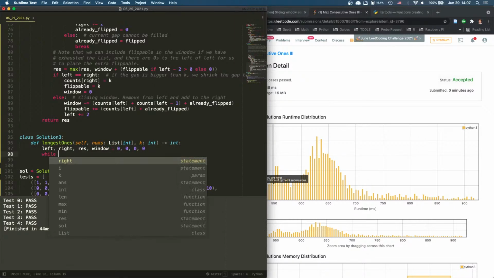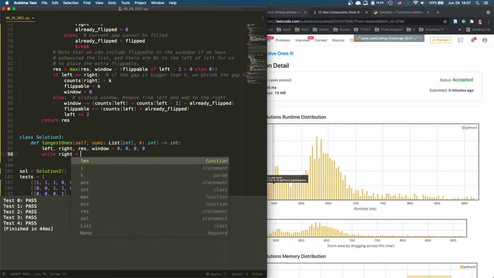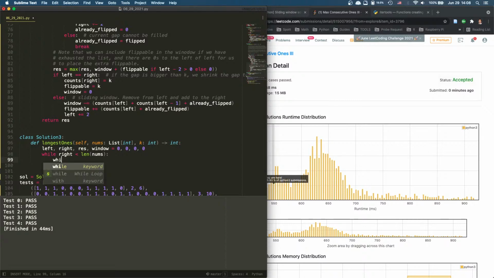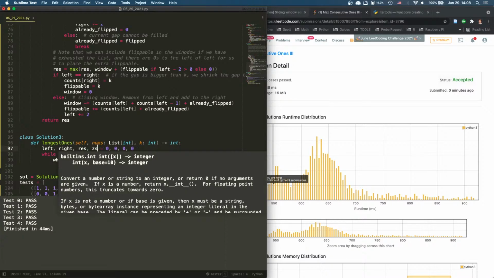Now we say while right is smaller than len nums, right keeps going. Oh, we need a count of zeros.